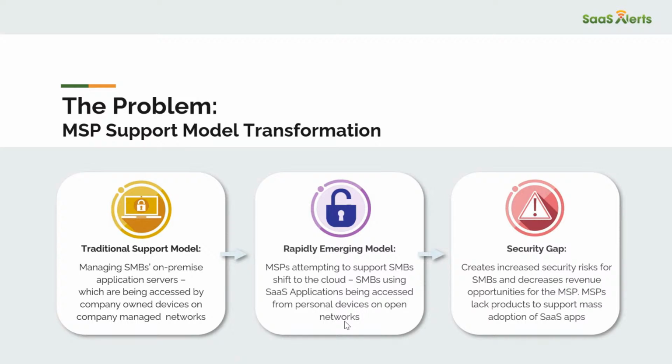Our customers have shifted to SaaS applications, and these are usually accessed by personal devices and open networks, which create a massive security gap and also decrease our revenue at the same time. Well, not only that, but a lot of people don't have company phones, so now they're being told to set up 2FA, and how else are they going to do it other than with their own personal phone? Yep. Exactly.